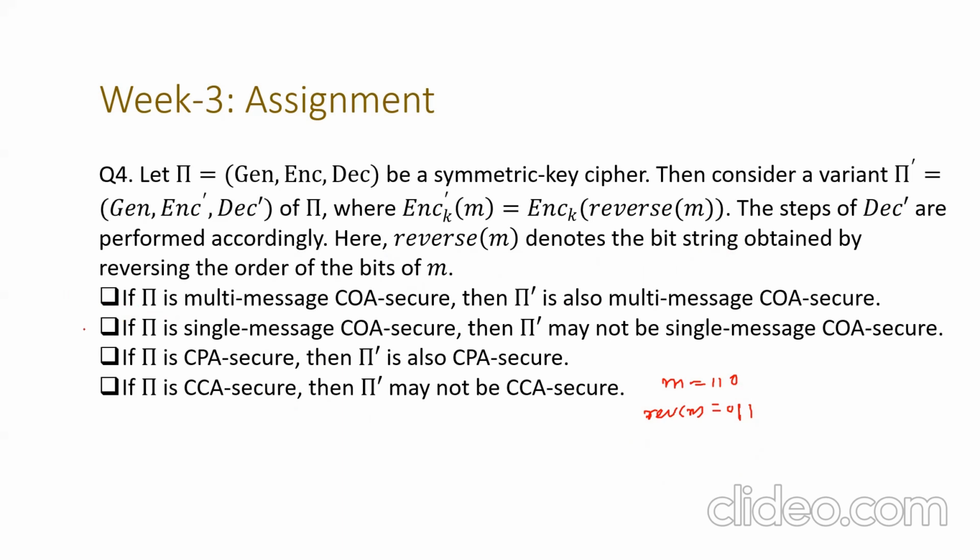So basically, we show that yes, pi dash will also be multi-message COA secure, because if it is not, that would imply, so if pi dash is not multi-message secure, and ciphertext only attack security and eavesdropper security are basically the same thing, then that implies that there is a distinguisher D who, after seeing a ciphertext C, is able to distinguish whether it is seeing an encryption of M0 or M1 with non-negligible probability, right?